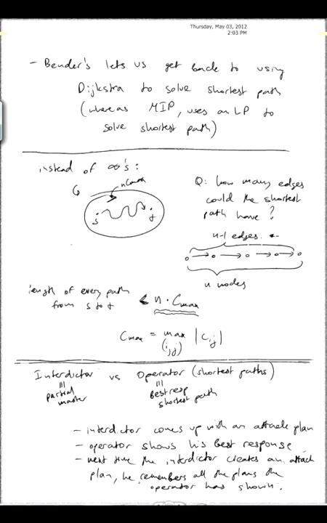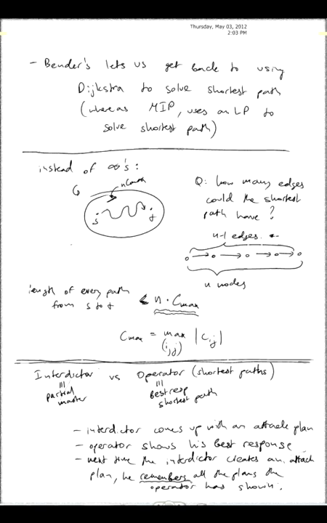And this remembering in terms of Benders decomposition is happening because of the extra constraints that are getting placed inside of the partial master. So every time that the partial master computes an attack plan, it's taking into account all of the operator plans that the operator has shown thus far.